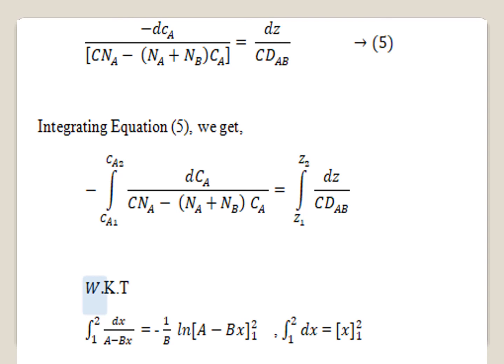The RHS side is very simple: dz, so z into 1 by C into DAB, the limit is Z1 to Z2.